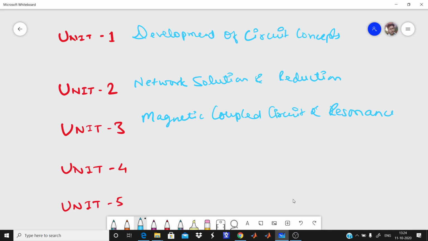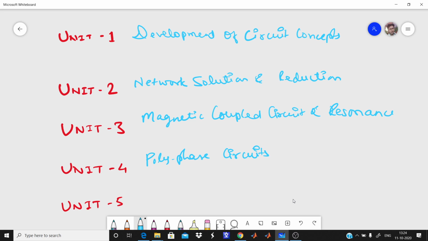And in unit number 4 you need to study polyphase circuits. In that you can get information about examples of 2, 3, 4 loop circuits in polyphase circuits and their solutions, and what is balanced star and delta load analysis, and unbalanced star and delta load analysis for polyphase circuits.